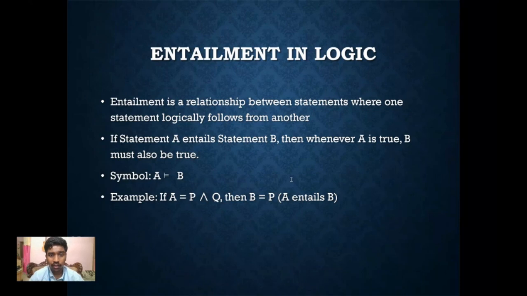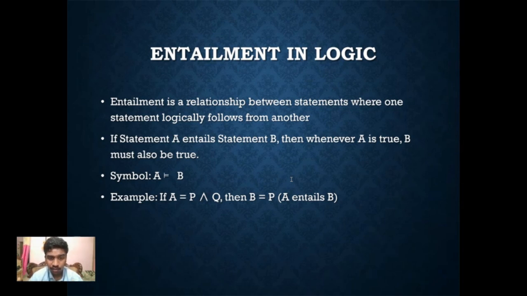So, today let's talk about entailment. Let's begin by understanding the core concept of entailment in logic. Entailment is a logical relationship between two statements, where one statement logically follows from the other. We say that statement A entails statement B if whenever A is true, B must also be true.